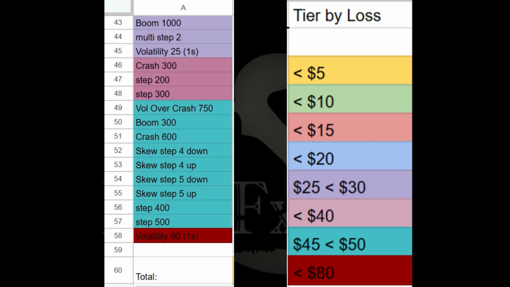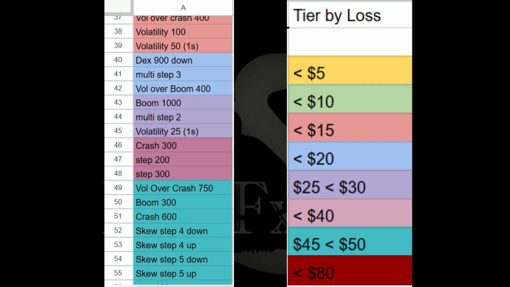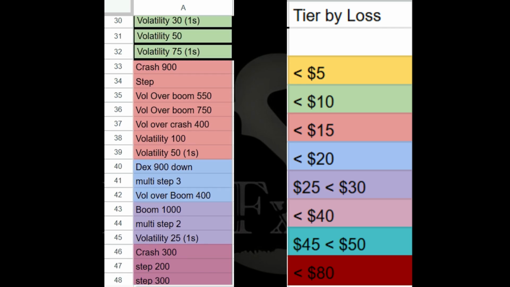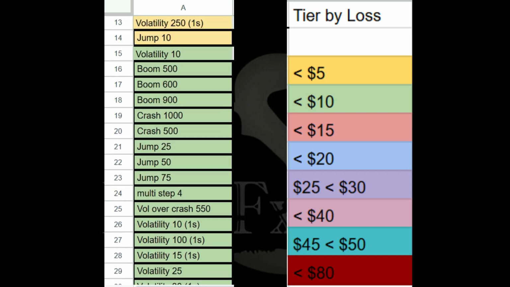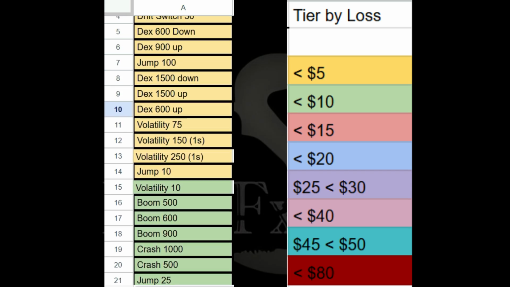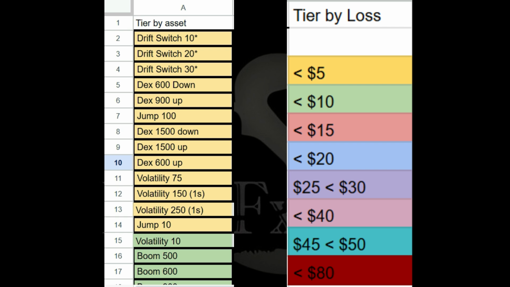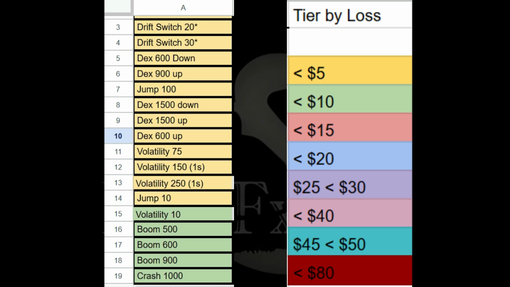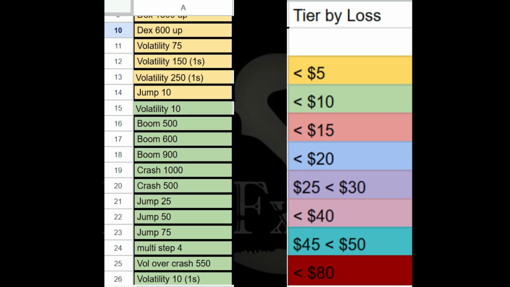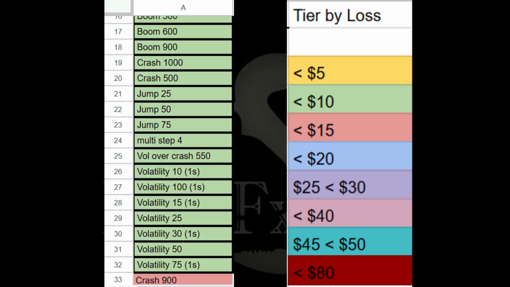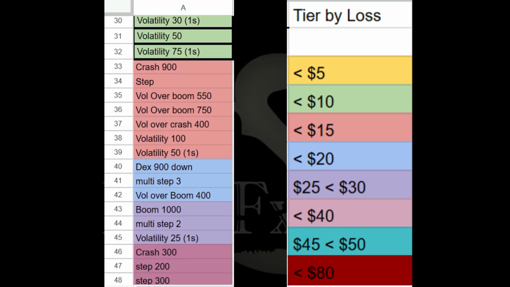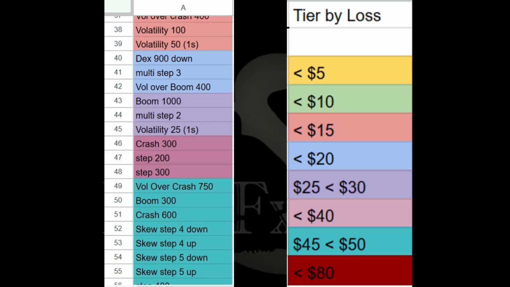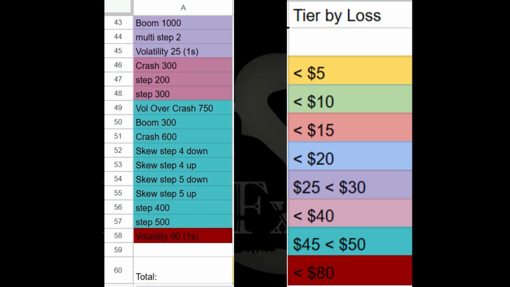Alright, so lastly, of the 59 assets, 9 of those assets have a stop loss dollar amount of $50 or more. To be more precise, 8 of those 9 assets have a stop loss dollar amount of $50, and 1 of them has a stop loss dollar amount of $80.